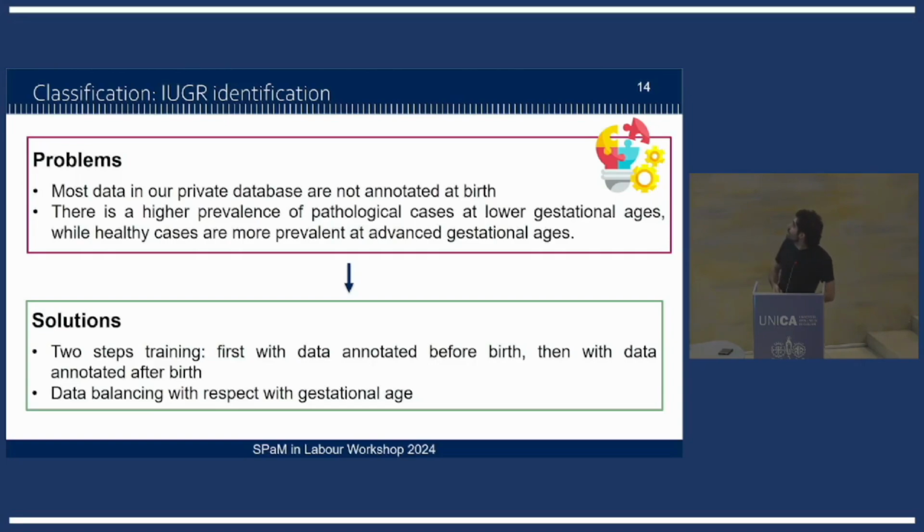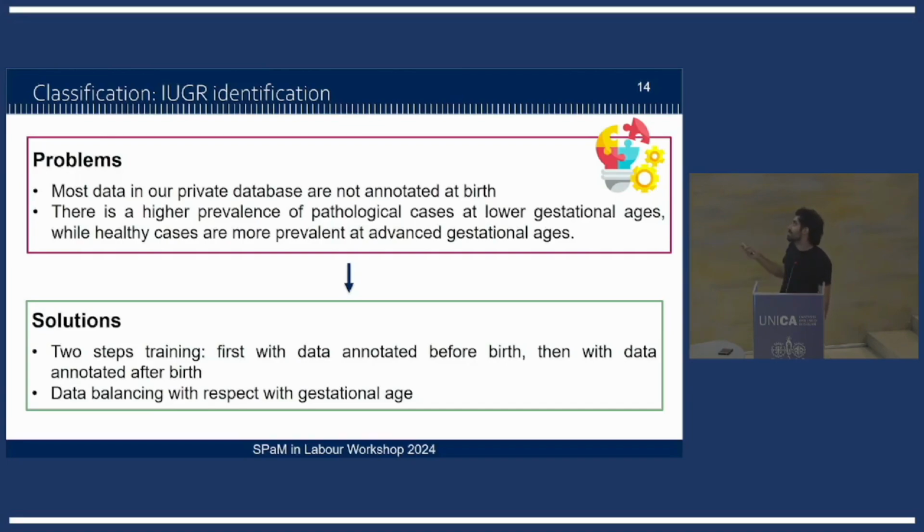For example, one of the things that we noticed by just putting all the data inside the network is that there are some differences inside the distribution of the data between IUGR and healthy pregnancies, some of which are not relevant for the network, and we don't want it to learn them. One of those is, for example, that IUGR cases tend to undergo antepartum CTG recordings quite earlier compared to healthy pregnancies because there was already a suspect of intrauterine growth restriction, so more reason to do more frequent and anticipated analysis.